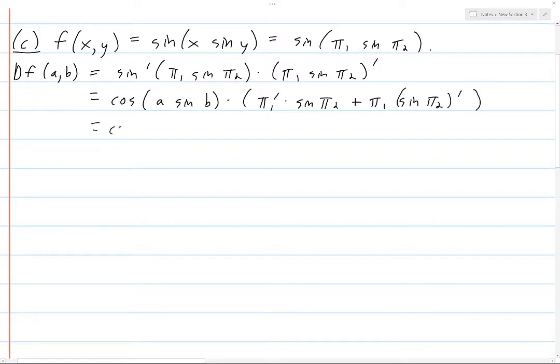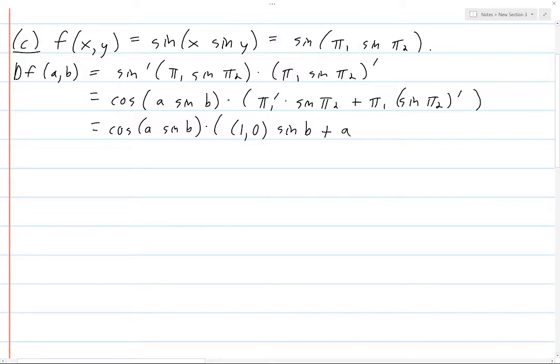This is going to remain cosine a sine b for the remainder of this. Now pi 1 prime is (1, 0). Then sine of pi 2, we can replace with sine of b, and pi 1 we can switch to a.